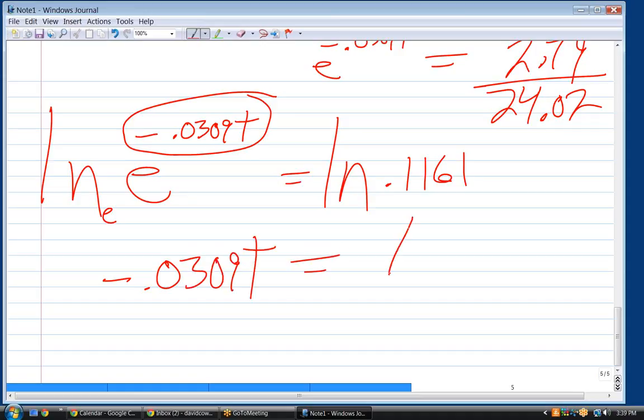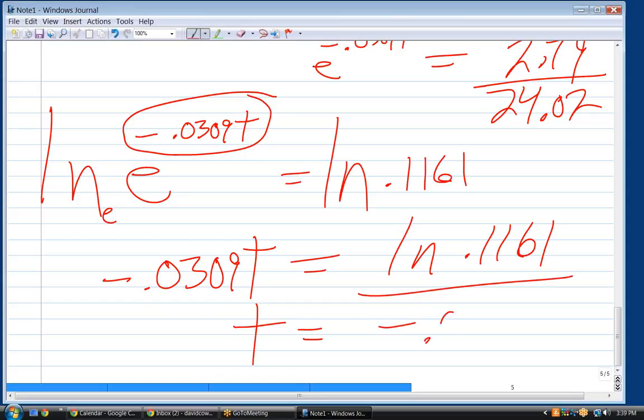The whole right side is just a number. So now how do I solve for t? You divide by 0.0309.